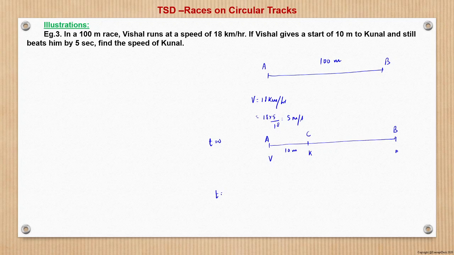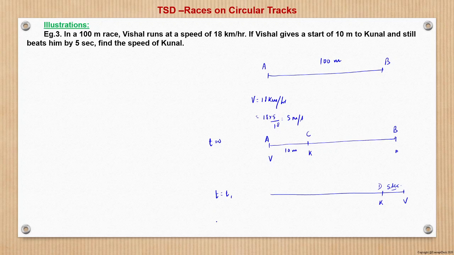Now, at say time t equal to t1, when the race finishes, I mean one of them finishes the race, by the time Vishal reaches point B, Kunal is still here only. That is 5 seconds away.